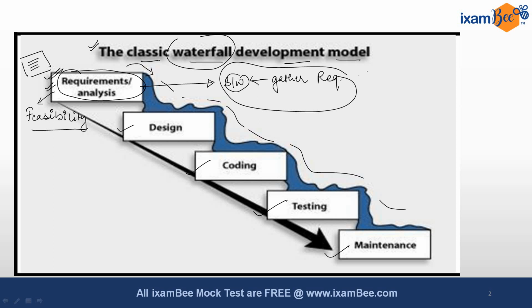This is the first and the most crucial phase, because if you lose any particular requirement during this first phase, you won't be able to gather it in the later steps. So in the classic waterfall model, you have to make sure that all the requirements are gathered during the first step only. It is the most important and takes the maximum amount of time of all the different steps.